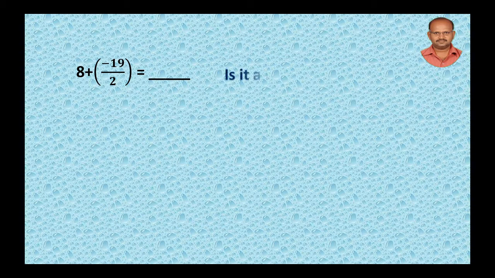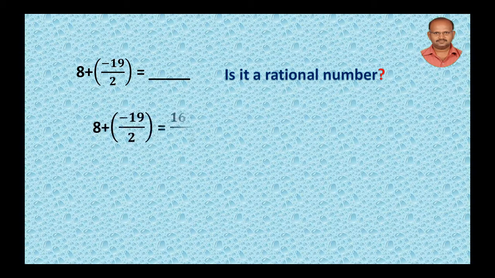Is it a rational number? 8 plus minus 19 by 2 is equal to 8 twos are 16, minus 19, that is equal to minus 3 by 2. It is a rational number.